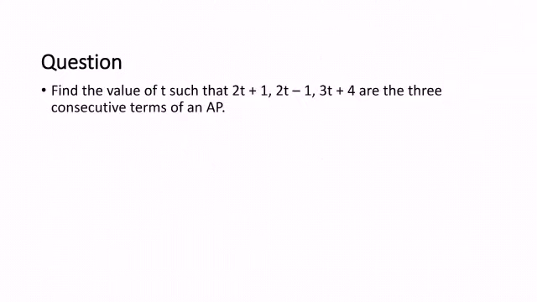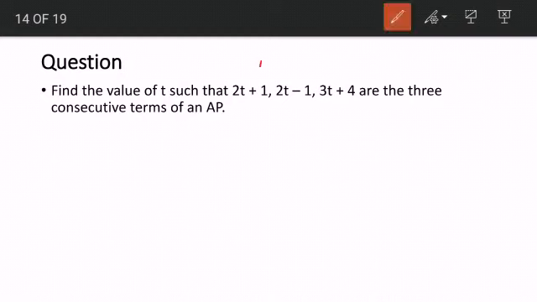Now we see another question. It says find the value of t such that 2t plus 1, 2t minus 1, 3t plus 4 are three consecutive terms of an AP. It's more like making these x, y, and z.